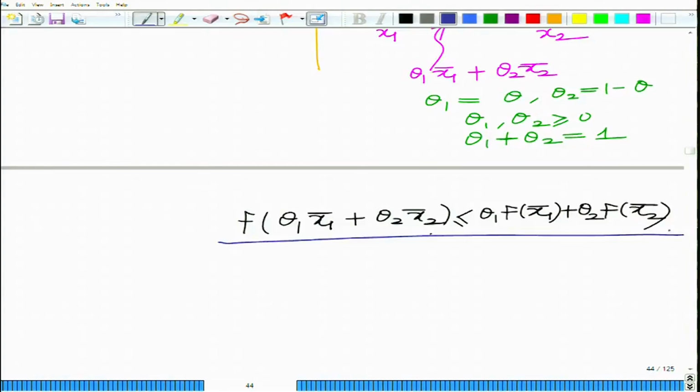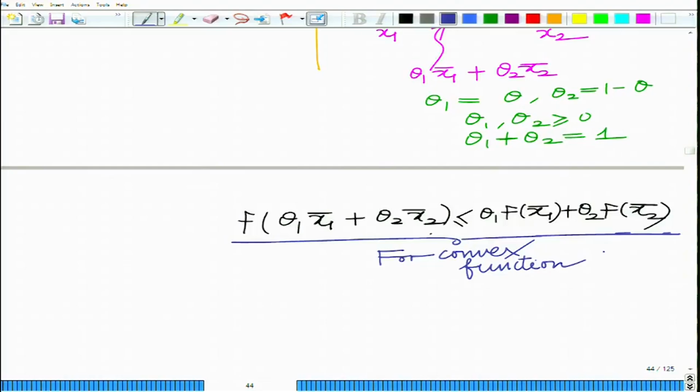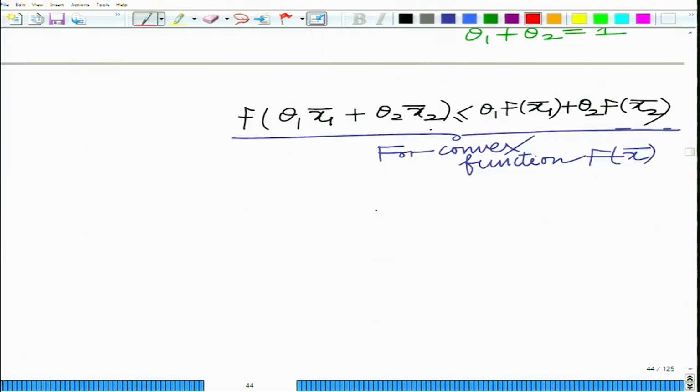This is the inequality for a convex function f. Now, go back and look at these quantities, theta 1 and theta 2 greater than or equal to 0 and theta 1 plus theta 2 equals 1.